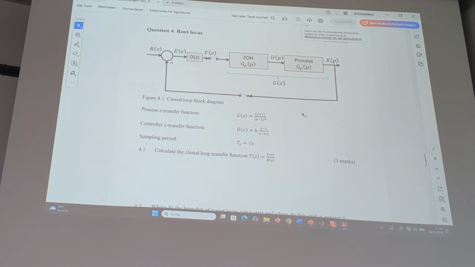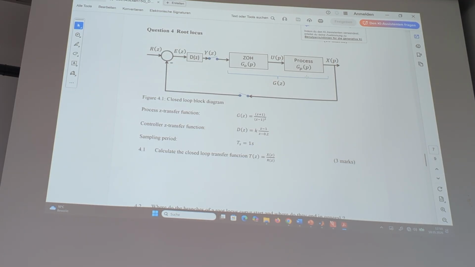Okay, and then the fourth question for digital control, we only have 4 questions. Here we have a closed loop control system with a reference input R, error E, actuating signal Y, and the output X that we would like to influence.